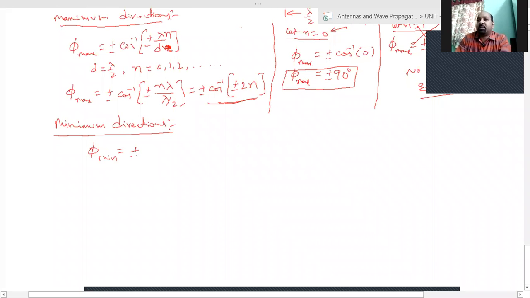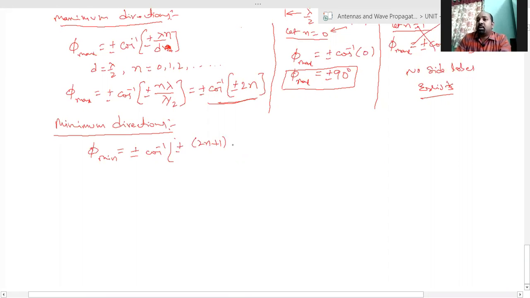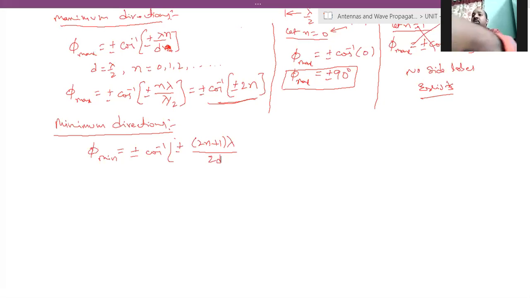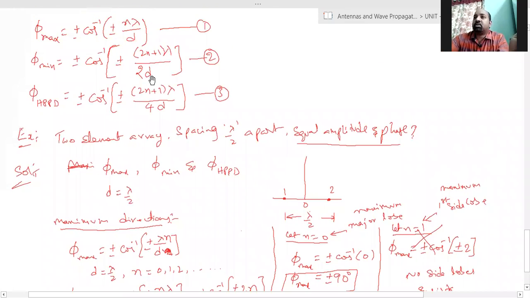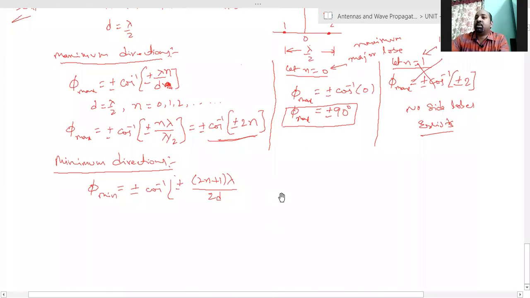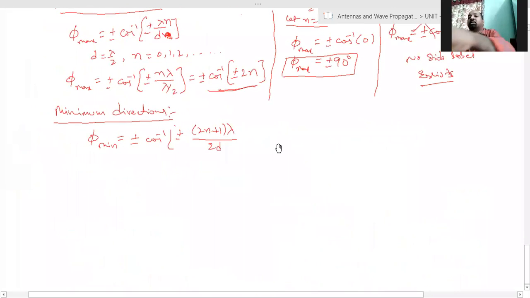Phi minimum is equal to plus or minus cos inverse plus or minus 2n plus 1 lambda by 2d, right? Yes, so this is the expression.